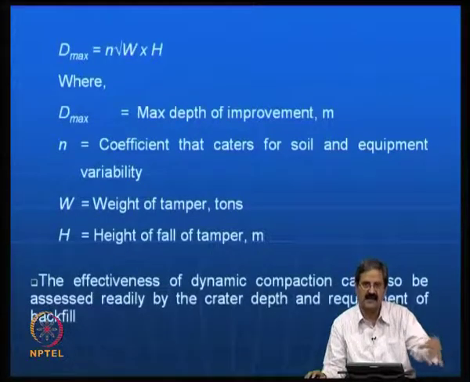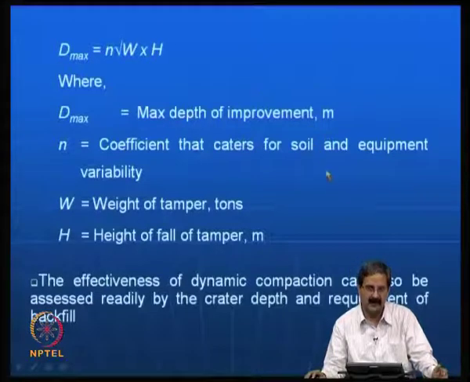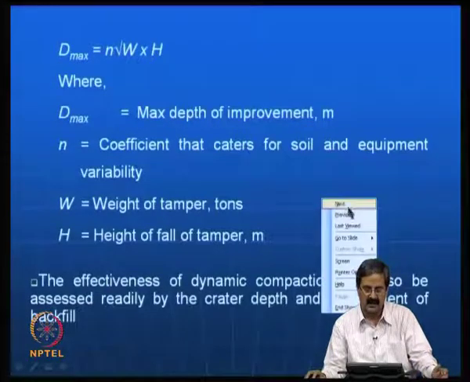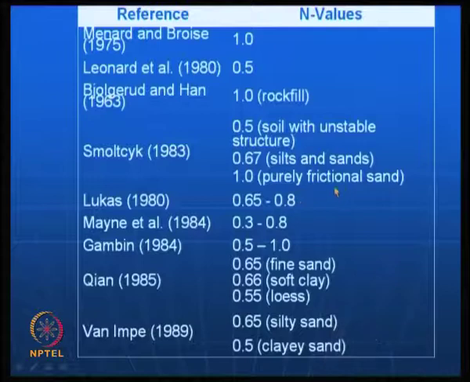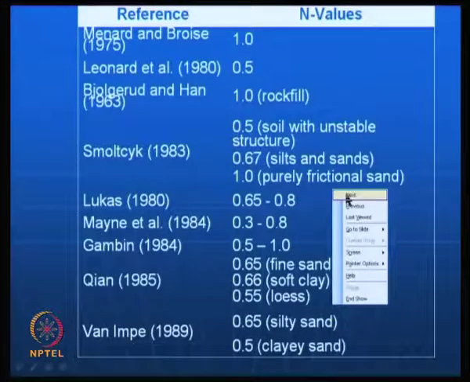So, looking at the depth of the crater, one can say which method is better. Like this small n value, there are different coefficients to be used in that formula. Depending on the soil type, values are given by different investigators. These are all from the field.